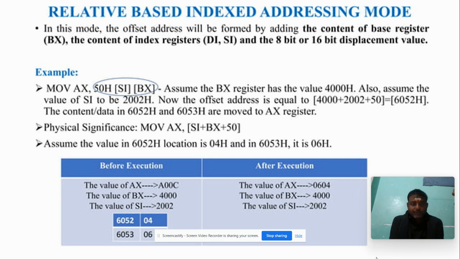Assume the value at location 6052 is 40 and at location 6053 is 06. After execution, the values of these two address locations are moved into AX. Okay.